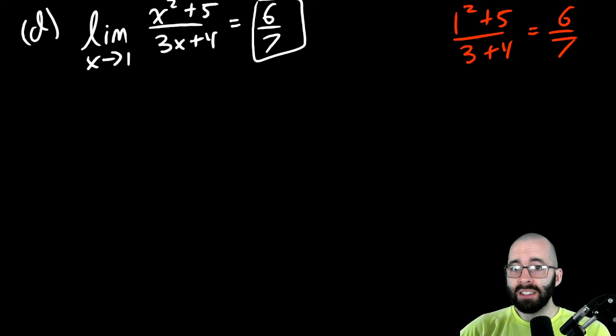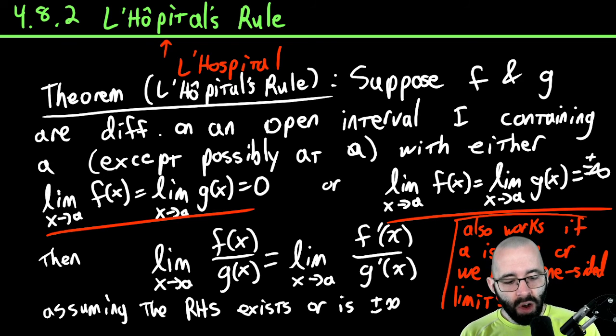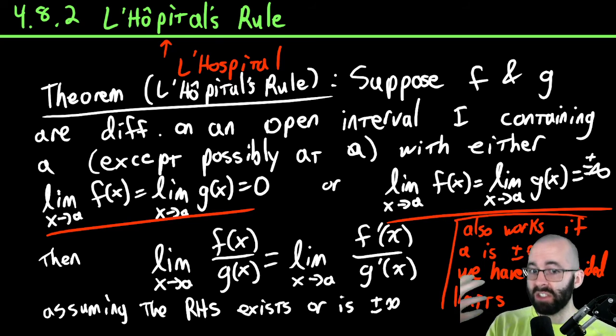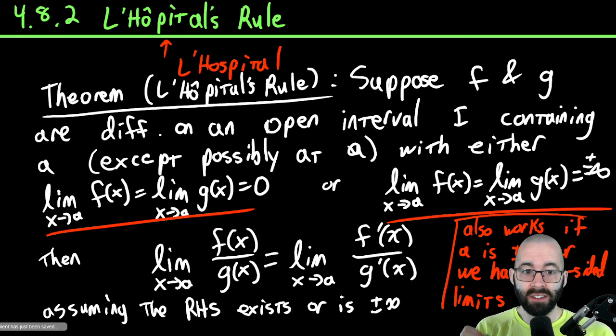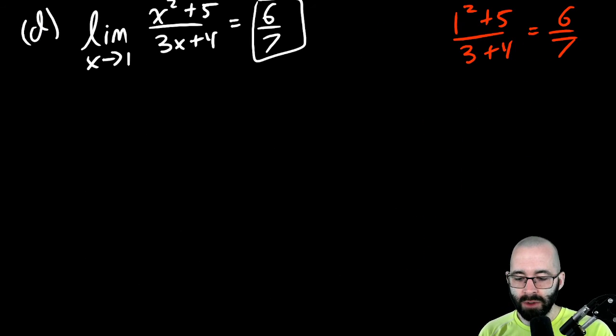Not only is L'Hopital's rule messier, it's wrong. It does not apply. Remember, L'Hopital's rule says we need the functions to be differentiable. We have that. It also says we need an indeterminate form. It's not just saying this is useful for indeterminate forms. It says it only works for indeterminate forms. In fact, if we tried to use L'Hopital's rule, we'd be wrong.